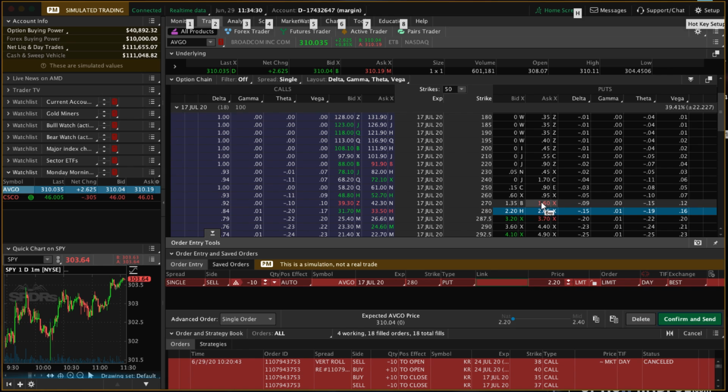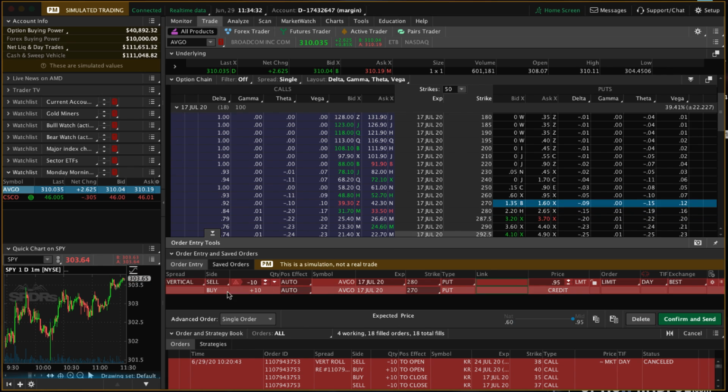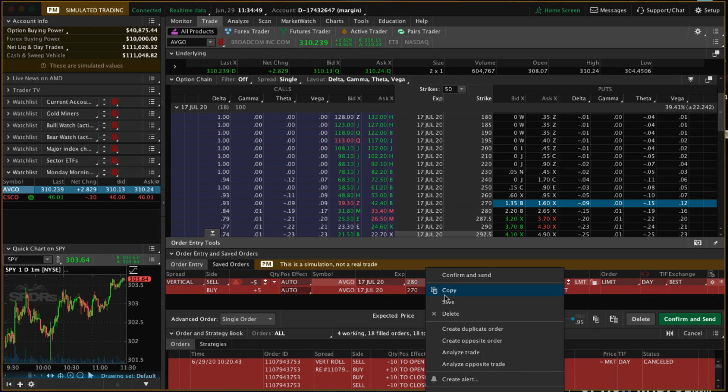So let's buy that one, and to create a vertical, and I can see, okay, I can actually make $95 on one contract. So 10 contracts would mean 950. Let's do 5 and see what it looks like on a risk chart.